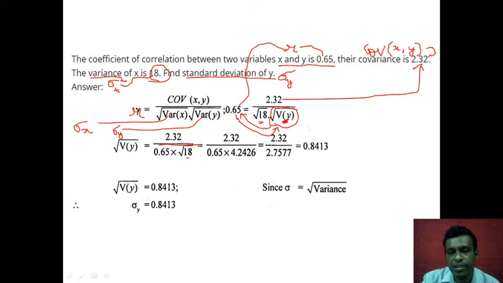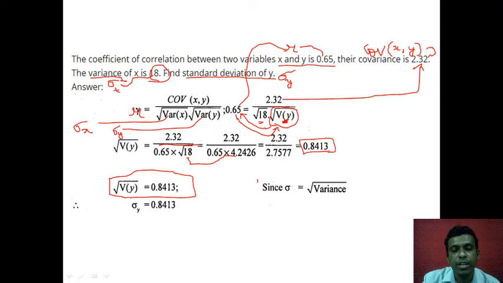So it is equal to 2.32 divided by, what is the square root of 18? The square root of 18 is 4.2426. If you solve this, you will get the answer as 0.8413. So the square root of variance of y is nothing but 0.8413.